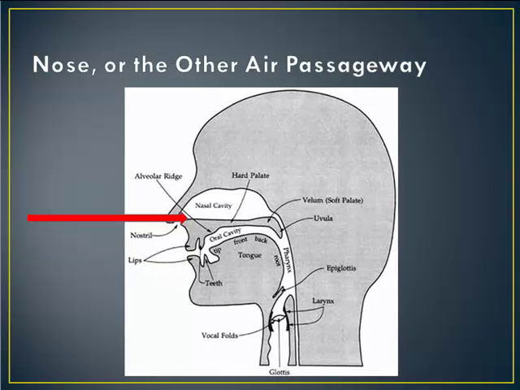Air can also be stopped at the nose, and we hear this in the consonant sounds M and N. When air is stopped through the nose, we call that a nasal consonant sound.